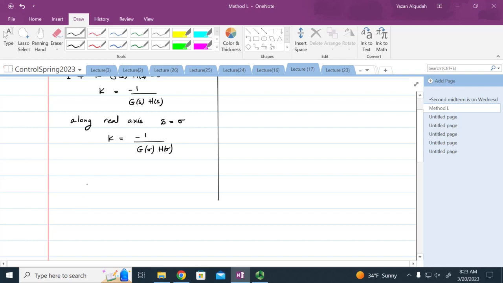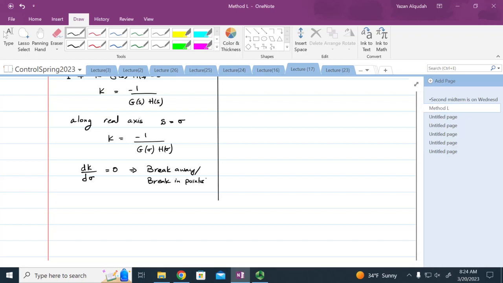To find the breakaway and break-in points, I can just take dk by d sigma and set it equal to 0. This will give me the breakaway and the break-in points. In the previous graph, which one is the breakaway?